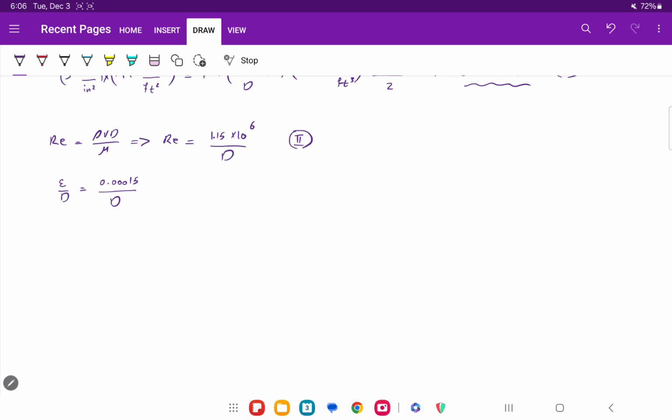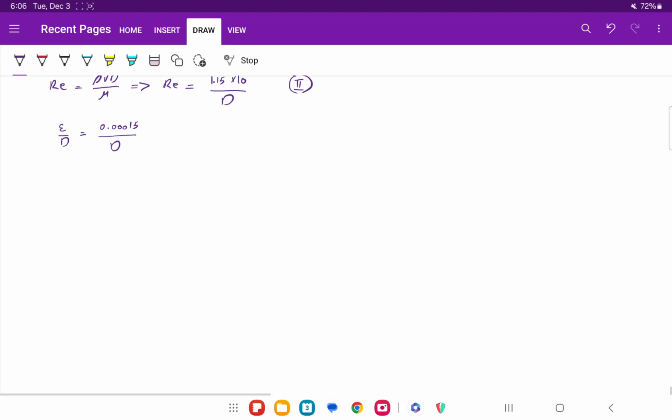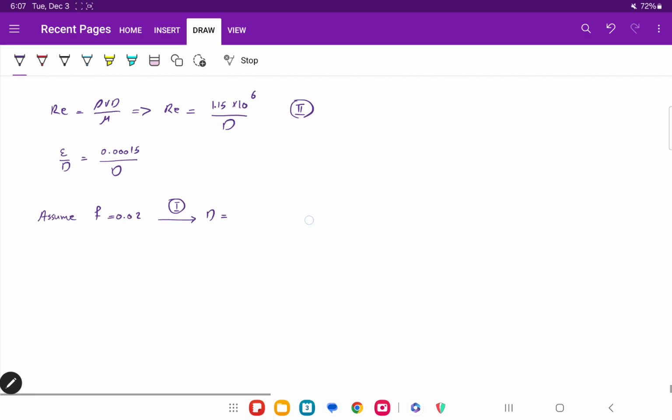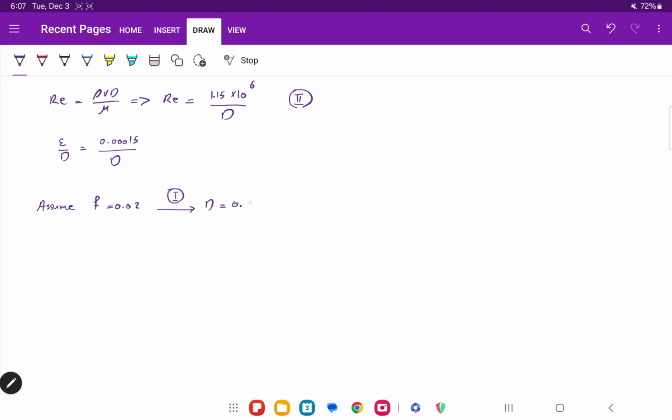As you know, in these kinds of problems, we have to make an assumption for the friction factor, and always start with 0.02. Having the friction, using equation 1, you can find diameter. So diameter equals 0.567 feet, and let's call it equation 3.